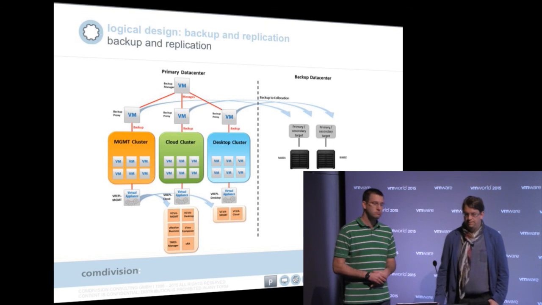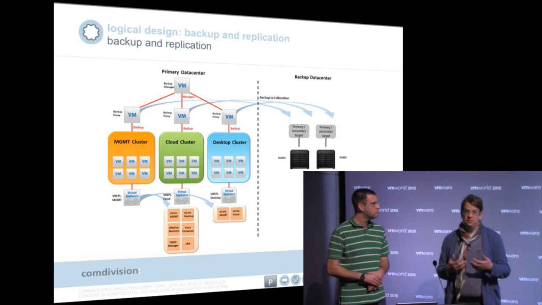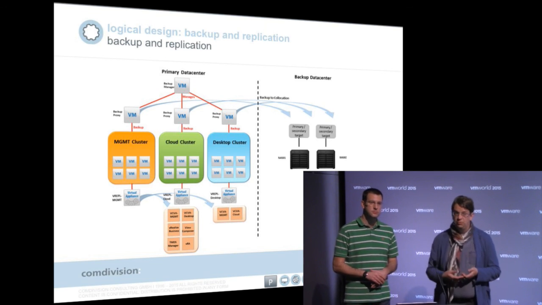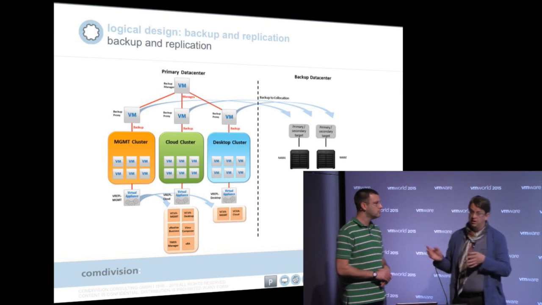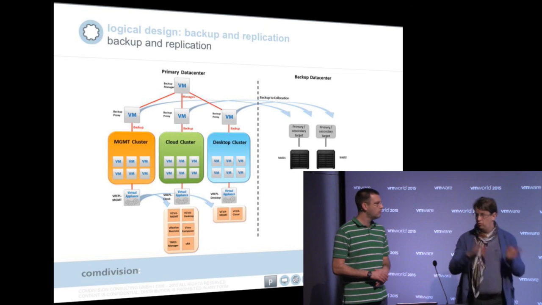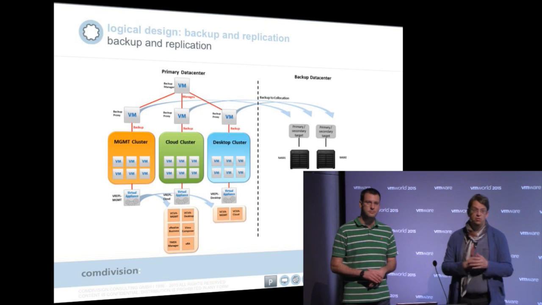Ideally, that's why we don't use SQL clusters and stuff like that, but SQL availability groups, so we can just take backups of the VMs. On top of the vSphere replication, we just use Veeam or VDP or whatever else to back up our virtual machines, and then we are good to go.